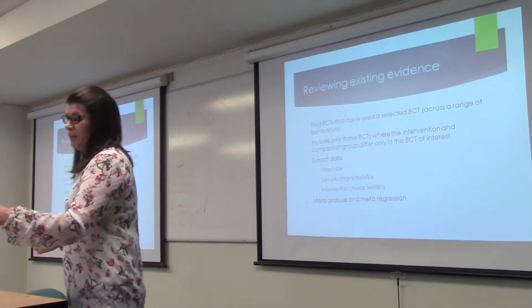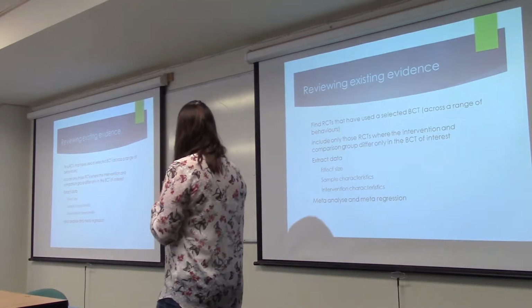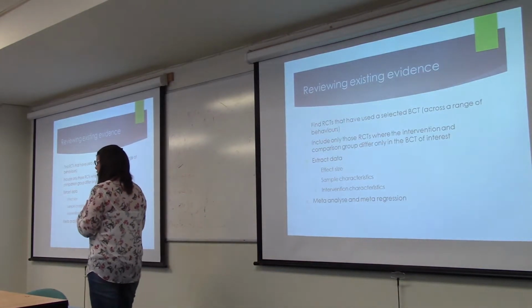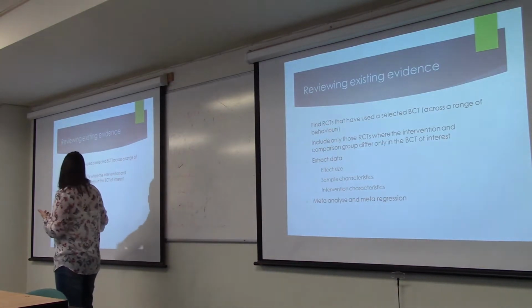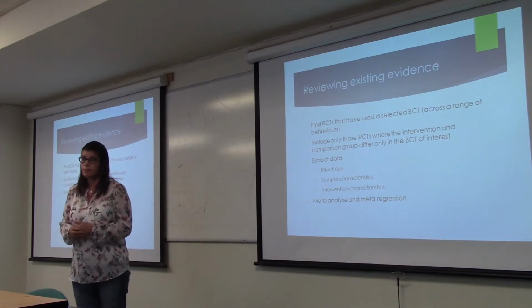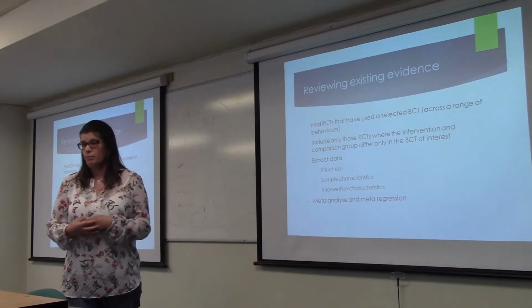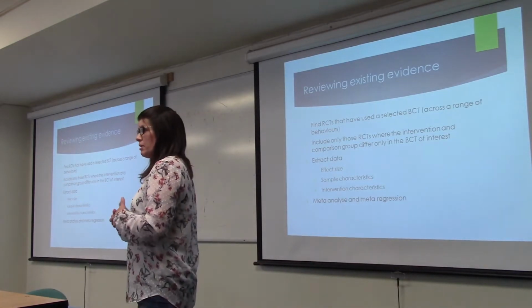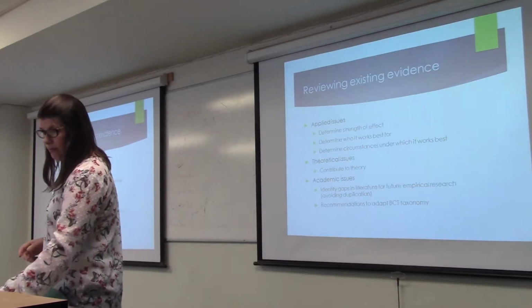And then we extract the data from there, including the effect size, sample characteristics to find out who this works for, and intervention characteristics to find out when it works best. And then we can do meta-analysis and meta-regression to answer our research questions.